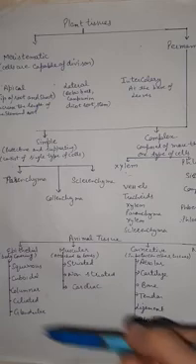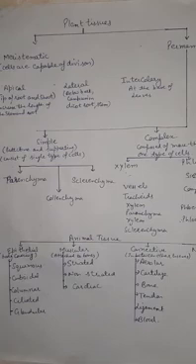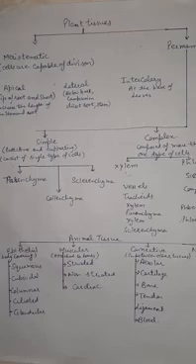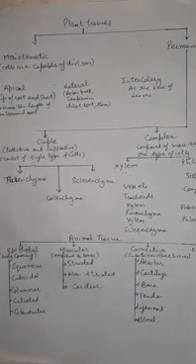Next is the squamous epithelial tissue. Its function is protection, diffusion and osmosis. It occurs on skin, lining of alveoli of lungs, blood vessels, cheeks, etc. Next is the cuboidal epithelial tissue.